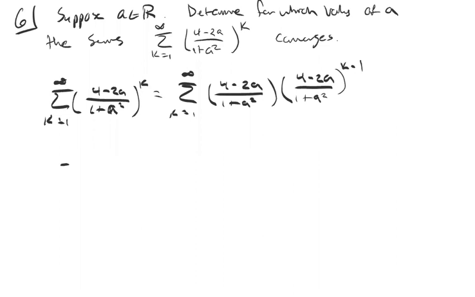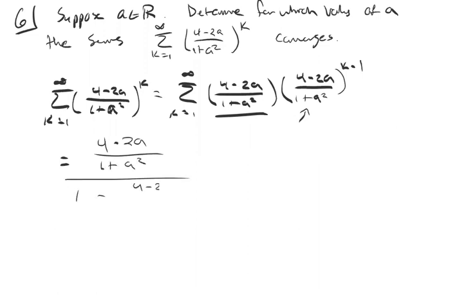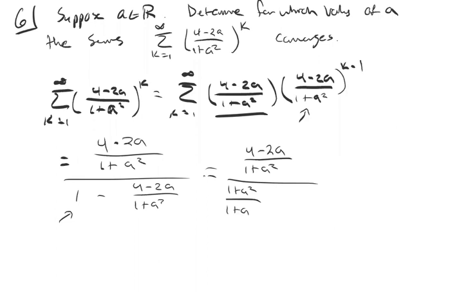So that is valued as the same as this goes in the numerator and this gets subtracted from 1 in the denominator. So that's (4 minus 2a over 1 plus a squared) over (1 minus (4 minus 2a) over (1 plus a squared)). And if I get a common denominator in here with this 1, I have (4 minus 2a over 1 plus a squared) over ((1 plus a squared) over (1 plus a squared)).